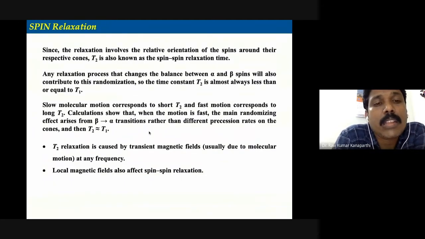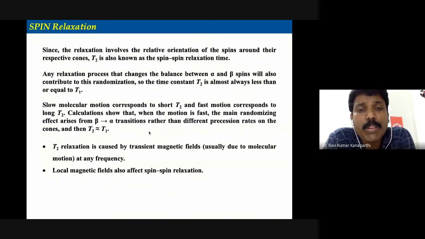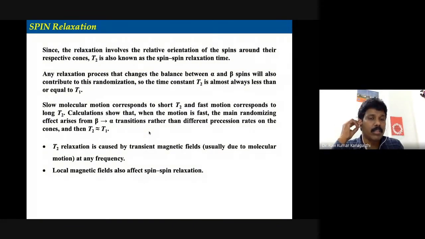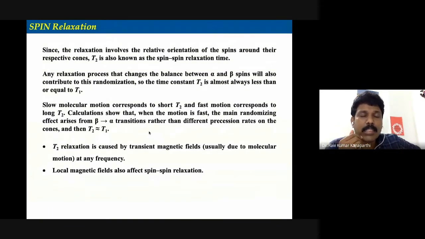Okay. And on the other time constant, you may recall that the spin lattice relaxation constant will usually be shorter only if the tumbling motion is matching the resonating frequency of the nuclei. If it is too slow or too fast, then T1 will be longer.